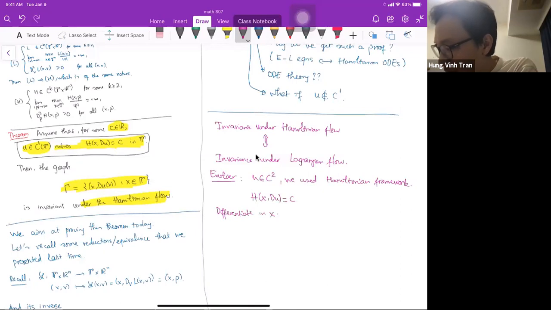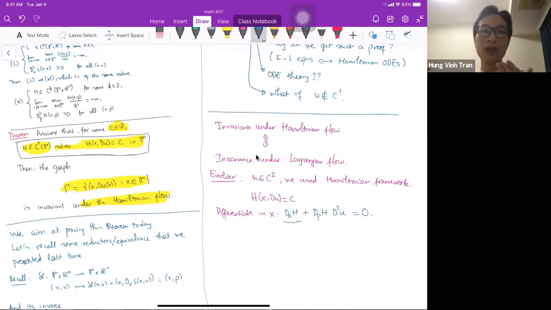When you differentiate in x, we get the gradient in x plus the gradient in p times d squared of u equal to 0. And that allows you to see that dxu occurs. So that was the early idea: if it's C2, we use the Hamiltonian framework.